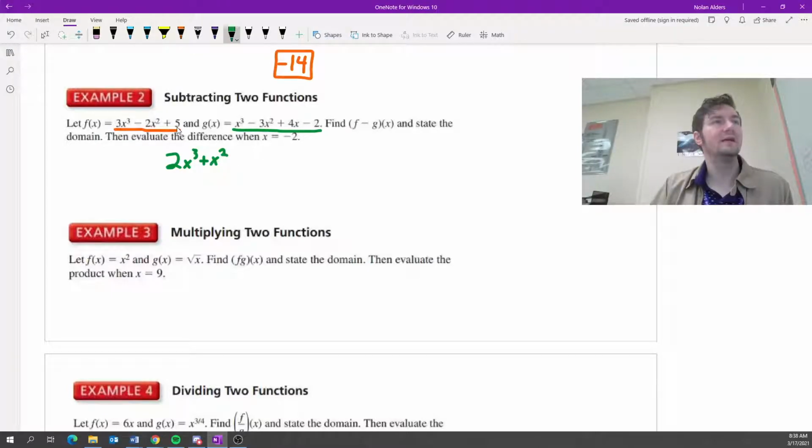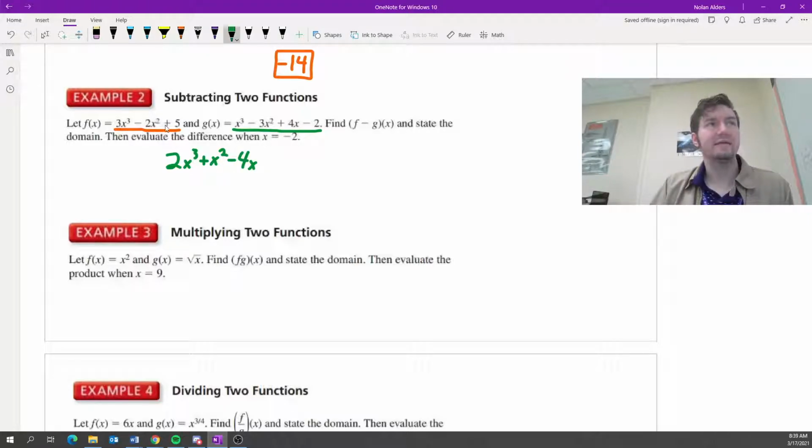We don't have an x over here, but we do here. So we're going to say 0 is the x over here. So 0x minus 4x is negative 4x. Be careful on those, guys. If you don't have 1 in the first one, it's a 0. If you don't have 1 in the second one, it's a 0.